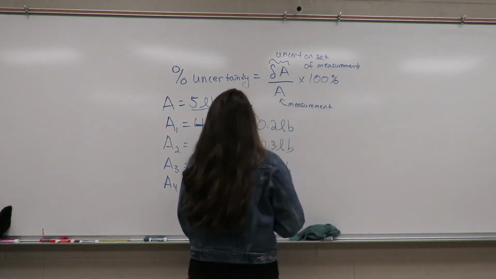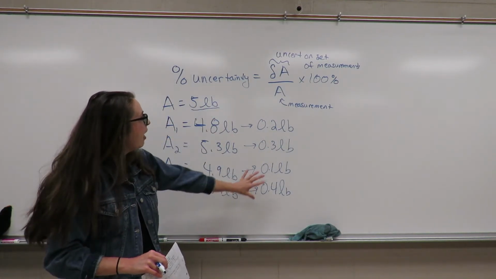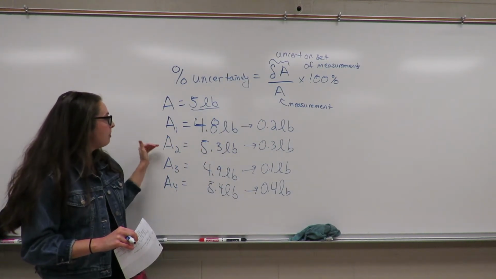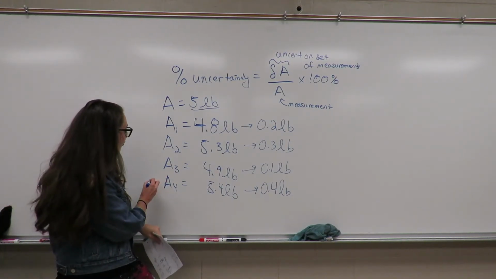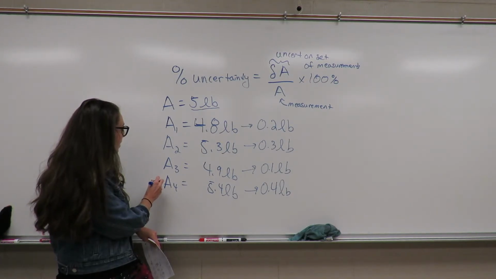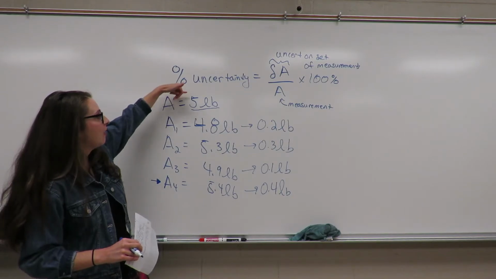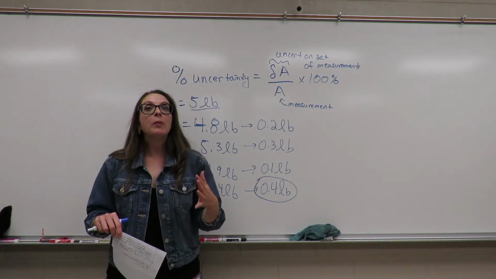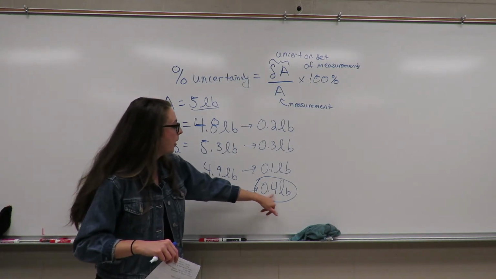Okay, so what I'm going to do for my value of delta A, I'm going to look at how far each of these measurements were off from the suggested value. And I see that my fourth measurement here has the largest uncertainty, the largest excursion from what was suggested to be that 5-pound bag. And so I'm going to choose for my delta A here, this quantity, the 0.4 pounds.